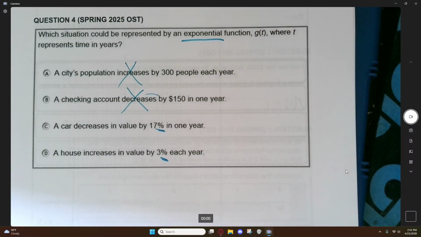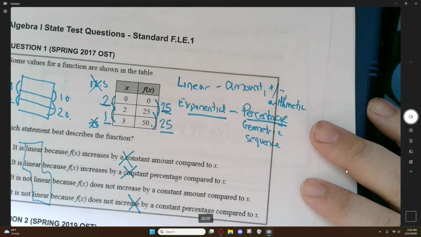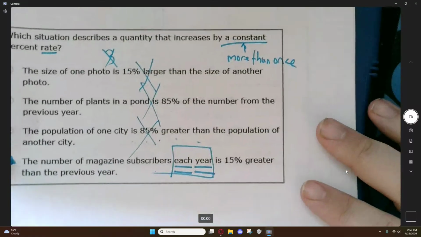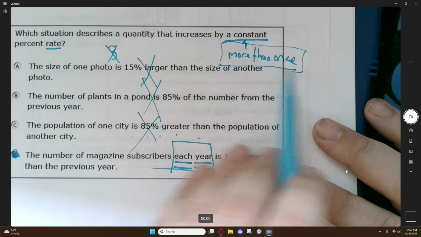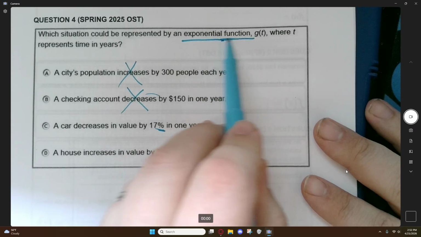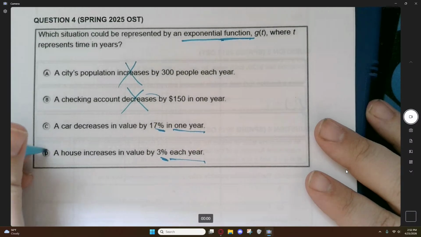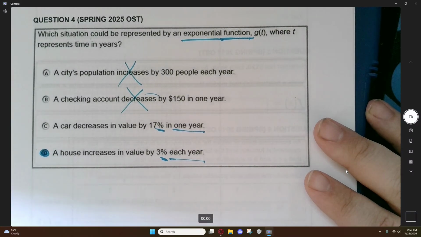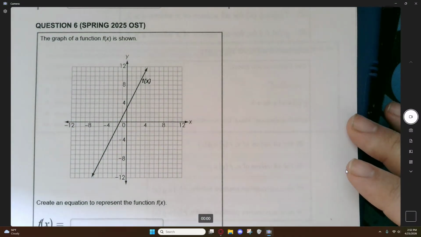So now we went back to our thing that we talked about in question 1, where exponential is percentage. Now we have to go back to what we talked about in question 2. Constant, more than once. An exponential function implies that it's happening more than once. It is constant. This only happens in 1 year. This happens every year. This would be D. That would be your answer, because it is constantly happening.